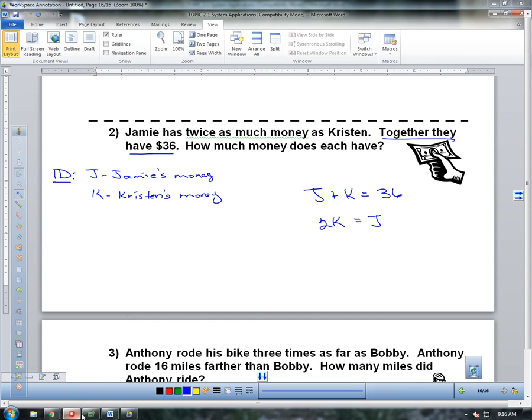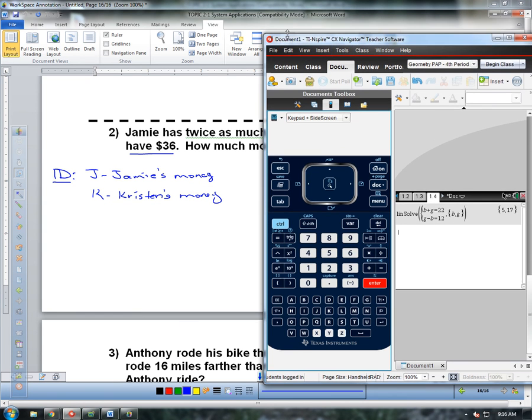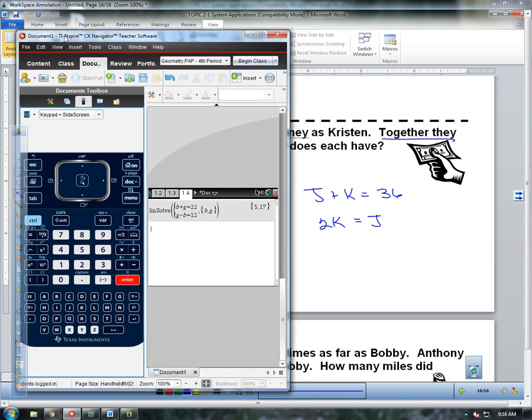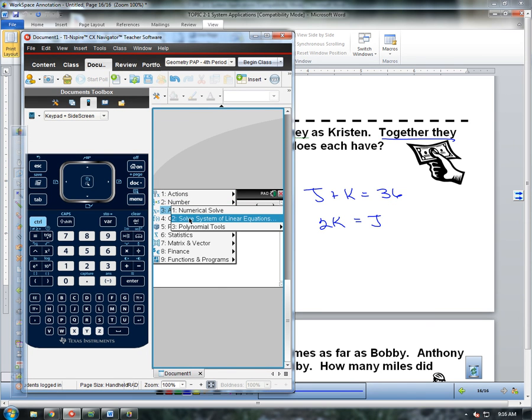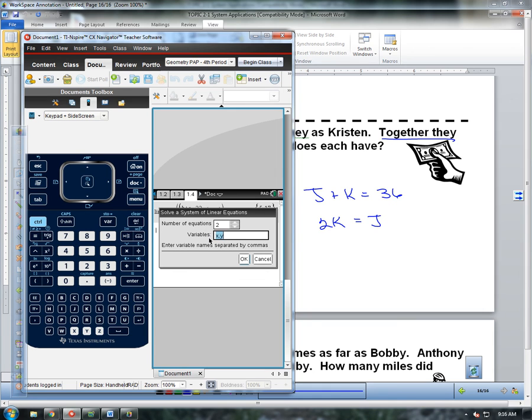I'll scooch this over here. So I'm going to go to Menu, Algebra, Solve a System. We have two equations, and J, comma, K are my variables.